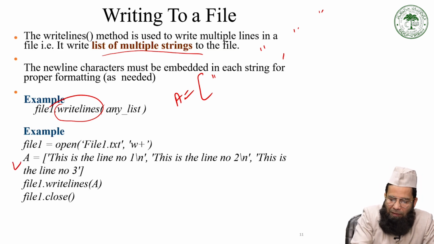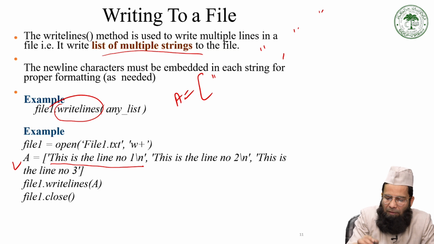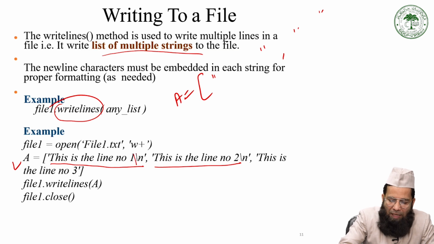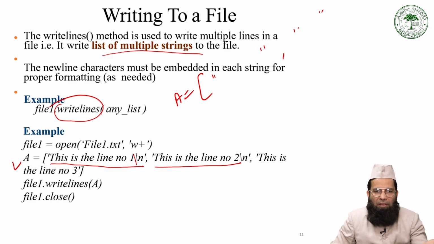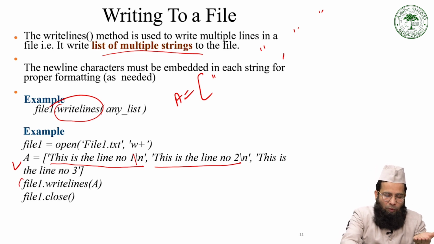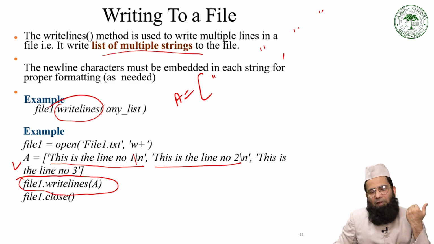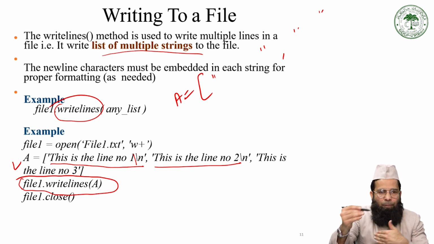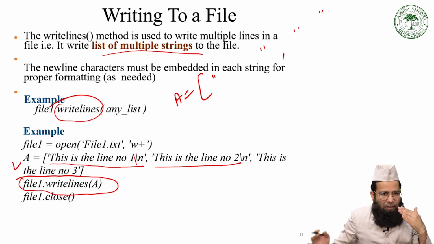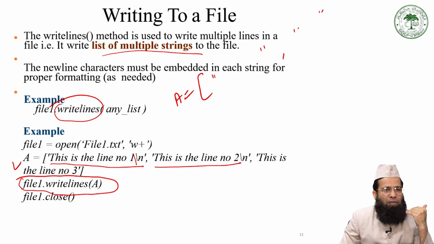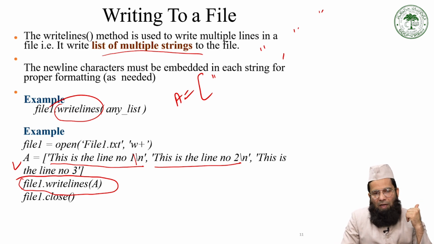This list has several statements, or you could say several sentences, and in all the sentences I have used \n, which means new line. Now writelines can write all this content to your file at once. So using file.writelines, I can write all the content of this list to my file, and in that file the statements would be in separate lines. So that is the purpose of writelines.